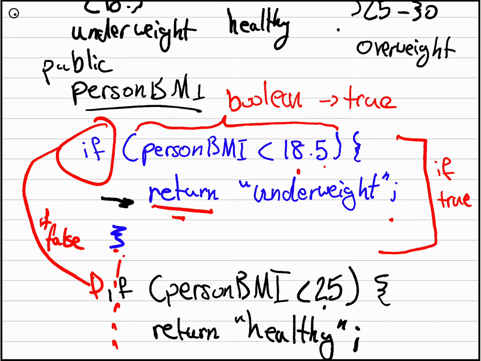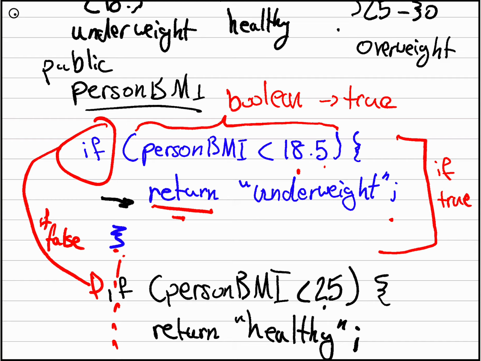The signature is input and output. So what is the input type of this method? What is the input? The input is just the person, so we don't need anything, so it's nothing. What's the output?